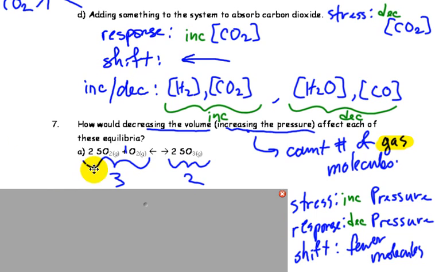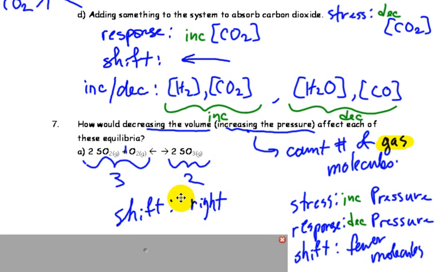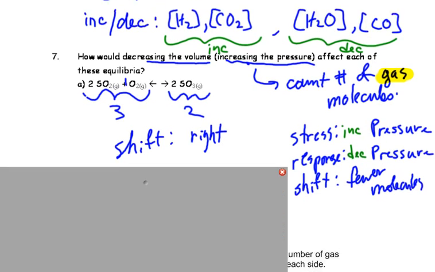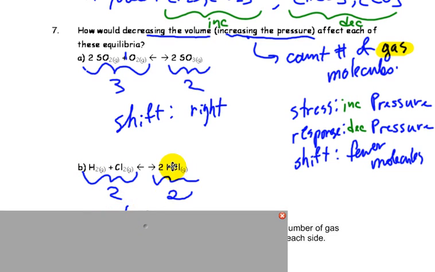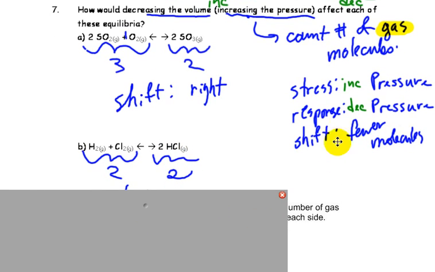So here we have 2 SO2s plus 1 O2, that's a total of 3 molecules. On this side I have 2 molecules, so in this case it would shift to the right, where the fewer molecules are. This one, counting up the molecules, 1 and 1 is 2, 2. So if I increase the pressure here, I'm going to go to the side that has fewer molecules, but guess what?